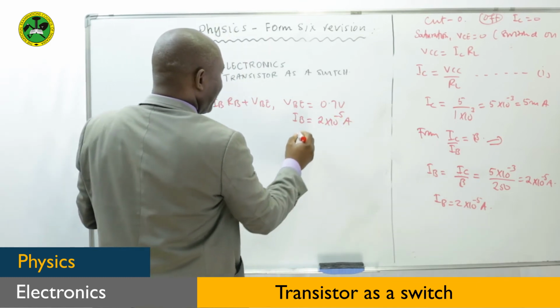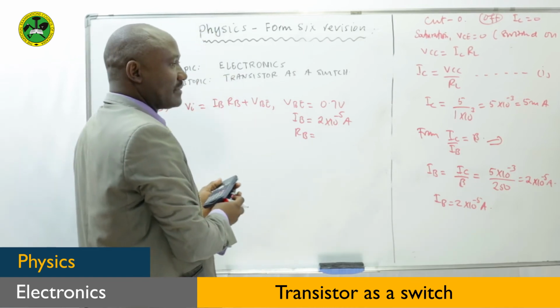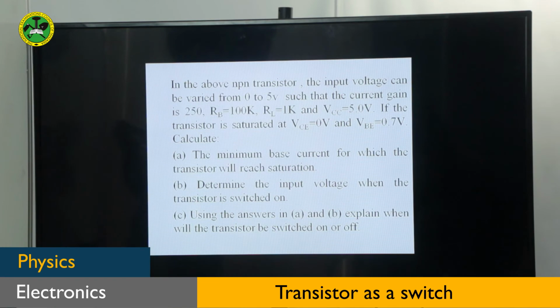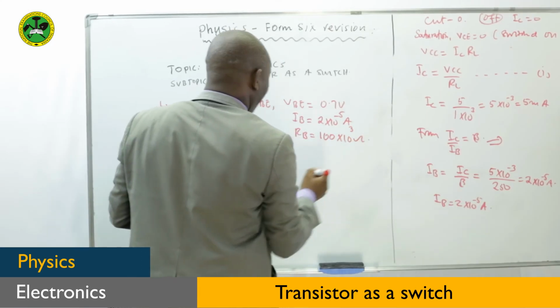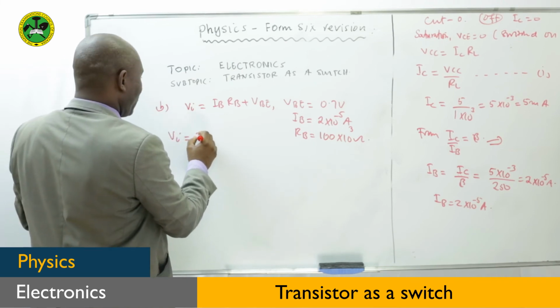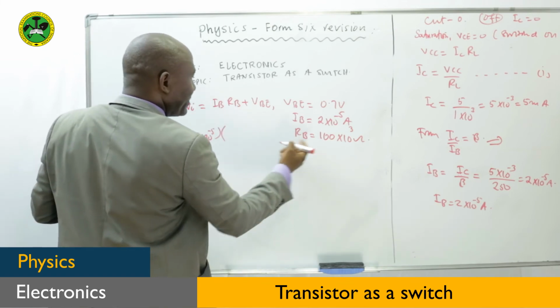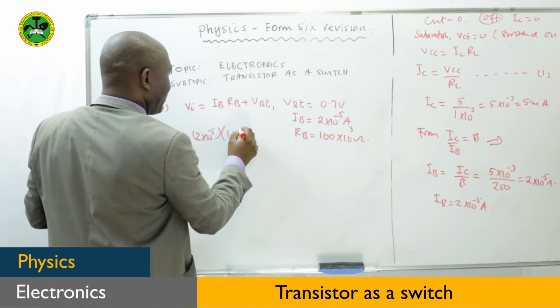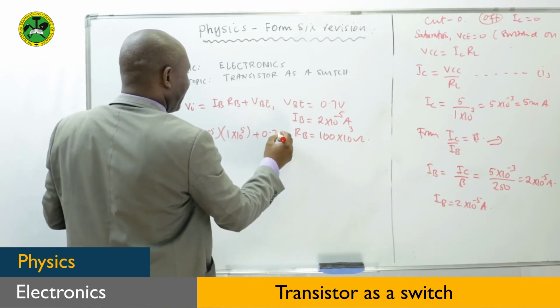The value of RB was given in the question as 100 times 10 power 3 ohms. So you are supposed to find VI. This equals 2 times 10 power negative 5 times RB, which is 1 times 10 power 5, plus 0.7 volts.